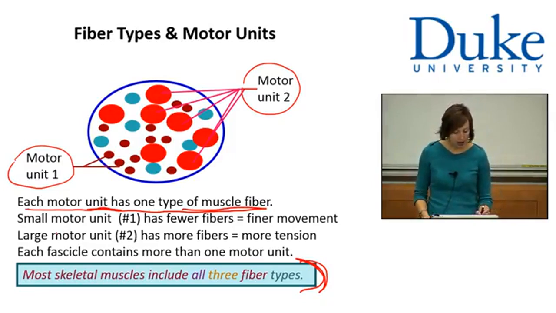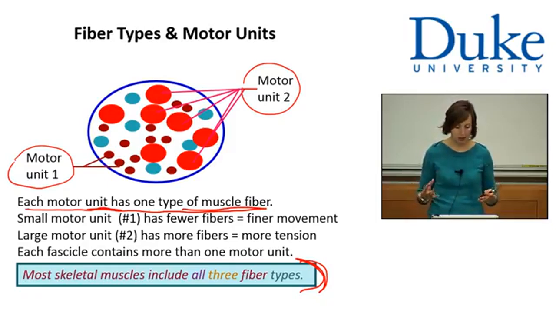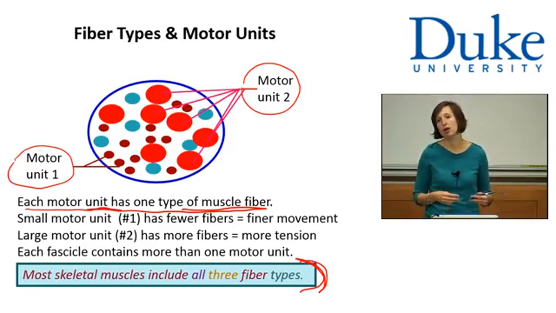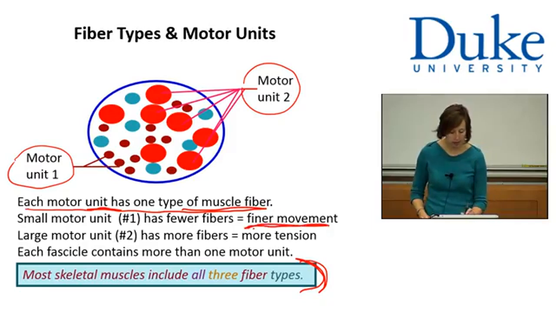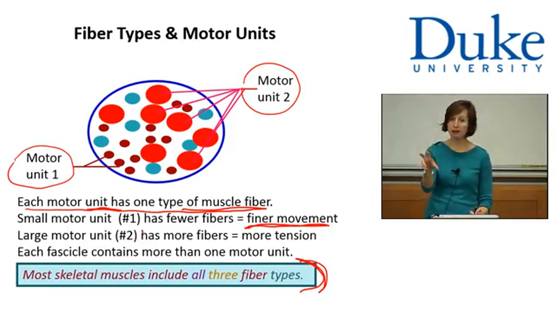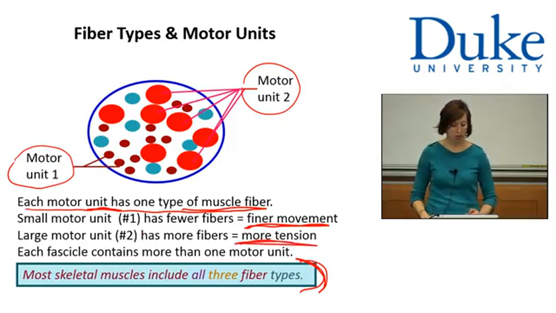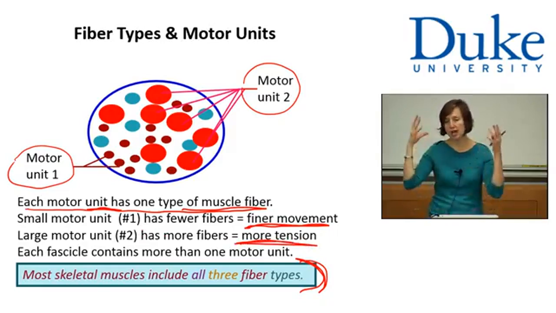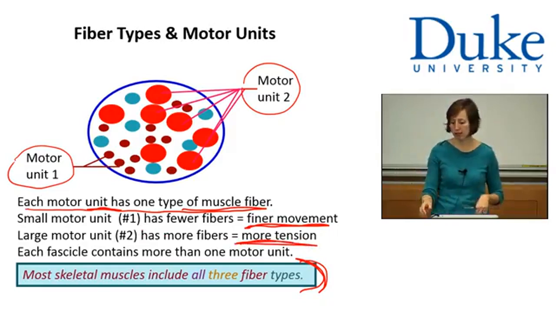And then we can also get into a motor unit and its size in terms of how many fibers it's innervating, whether it's going to perhaps be used for something like a finer movement versus a motor unit that's going to activate many fibers and maybe many large diameter fibers, which is going to produce more tension because you're just activating more myofibrils in parallel.